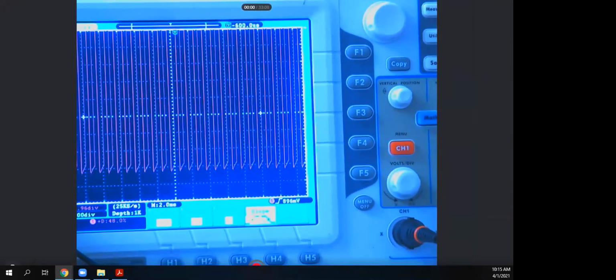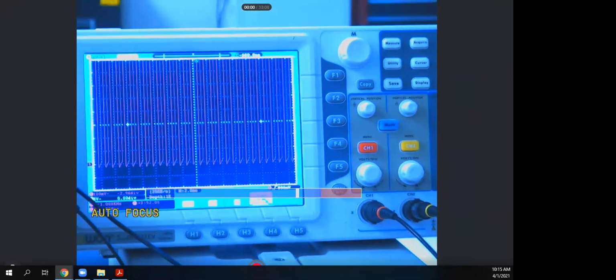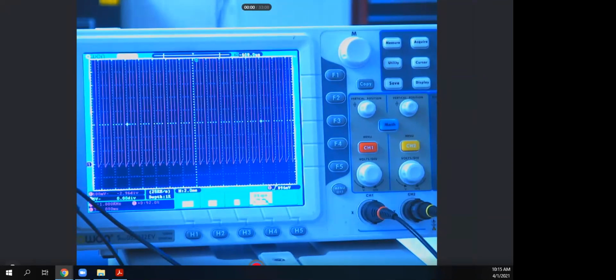Now I'm going over to my scope. Seconds per division to 0.2 milliseconds.